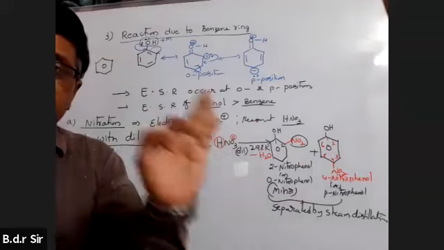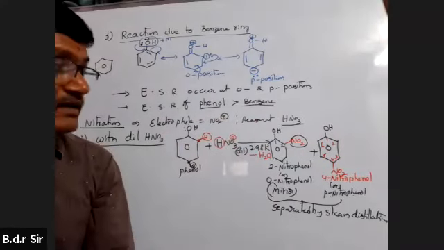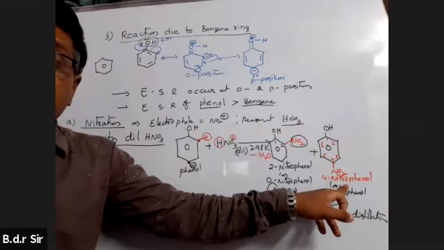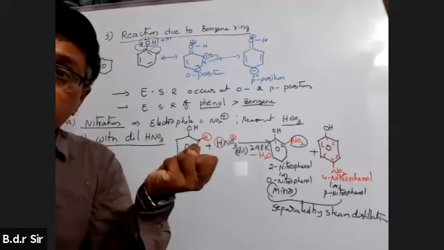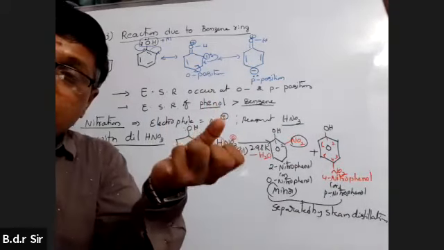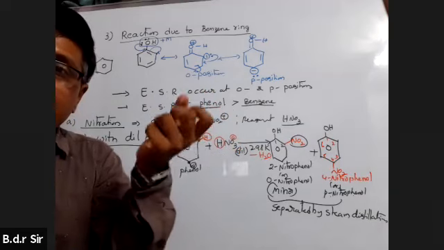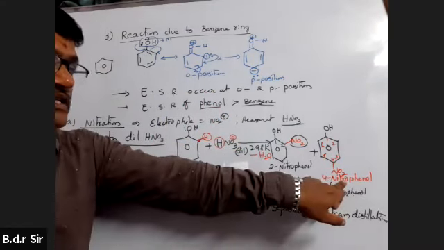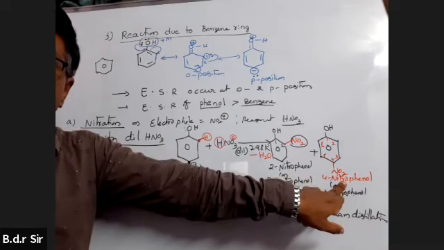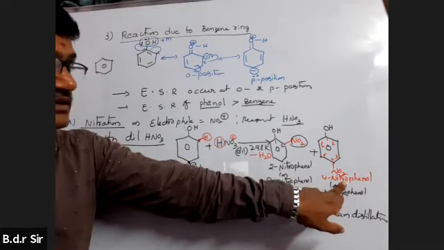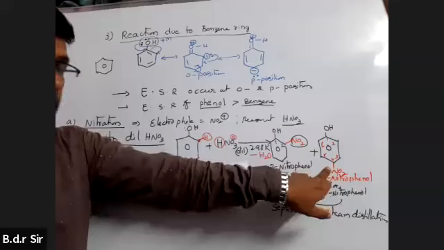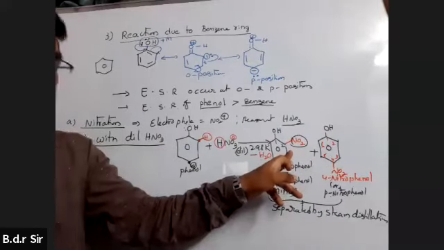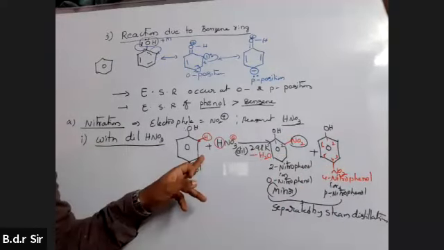Another one, if we take the acidic nature concept: the NO2 group is an electron withdrawing group. Electron withdrawing group is directly proportional to acidic nature. So the NO2 group at the para position makes it more acidic, next ortho, next phenol.